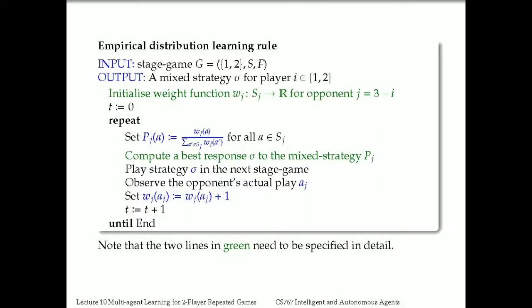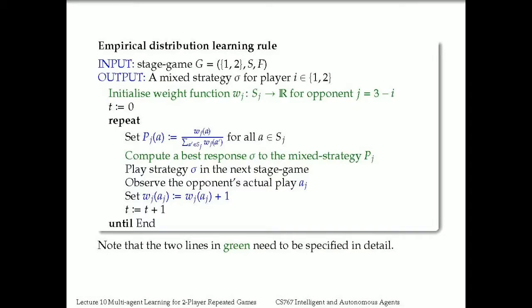So the output would be a mixed strategy sigma for our player I. What we do is first of all have some initial belief about the agent. So we assign some initial value to every action of the opponent. This would be a weight function w_j that gives a real number to every action of the opponent.